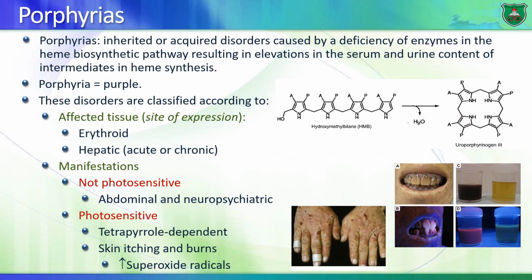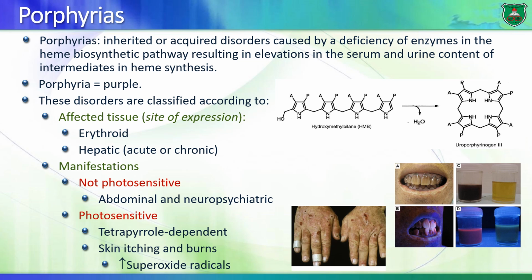So you have a sequence of reactions, and they are enzymatically catalyzed. So you can have mutations in any one of the genes that catalyze any of these reactions, and that would lead to accumulation of intermediates, and eventually, of course, you would get inhibition or low level of heme being synthesized.